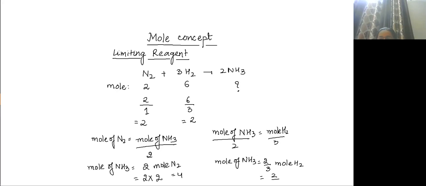This is 2 by 3 into 6, so this is 4 moles. So if there is the concept of no LR, no ER, then you can use any reactant, whether N2 or H2, to calculate NH3 moles. Is this clear? Both N2 and H2 will be consumed.